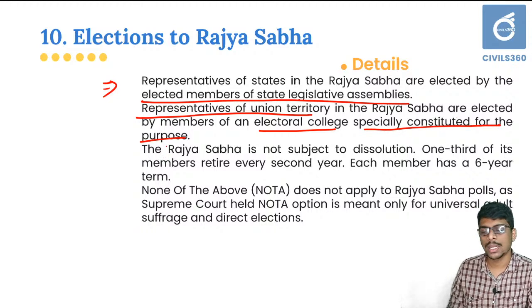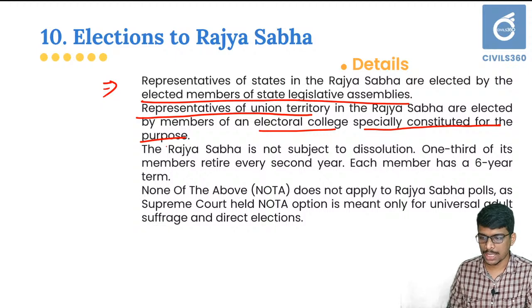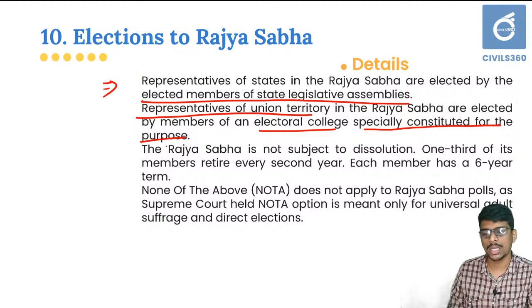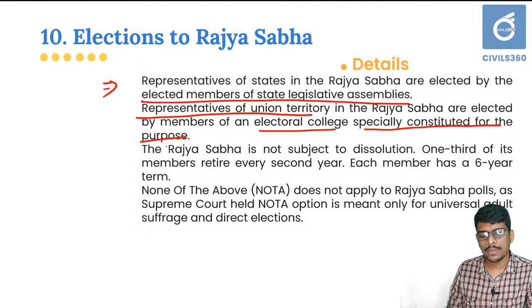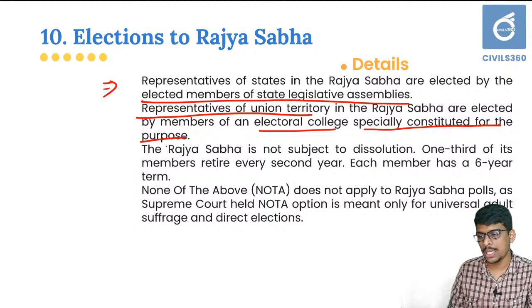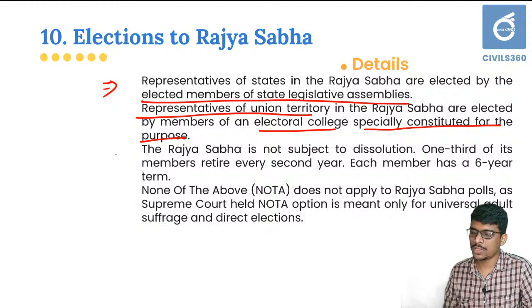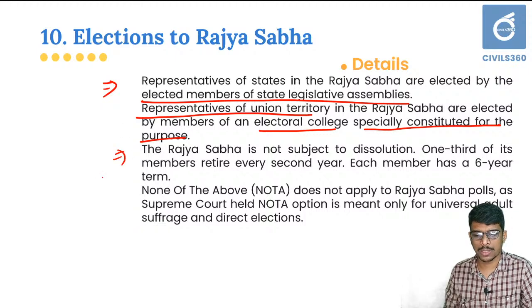That is, in the case of states, the representatives are elected by the members of State Legislative Assemblies. The second one is that representatives of Union Territories in the Rajya Sabha are elected by an electoral college specially constituted for the purpose. Rajya Sabha is not subject to dissolution.